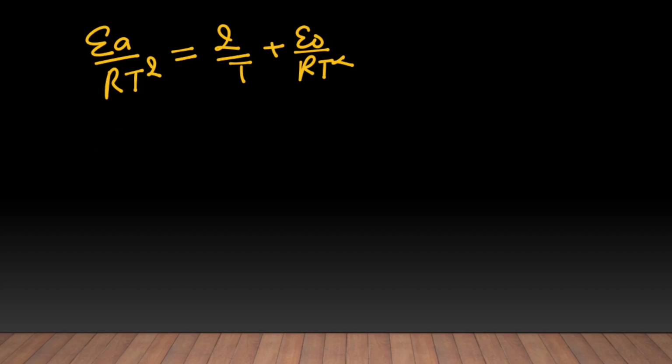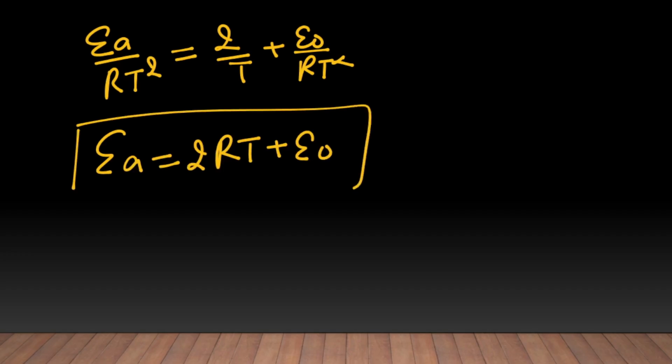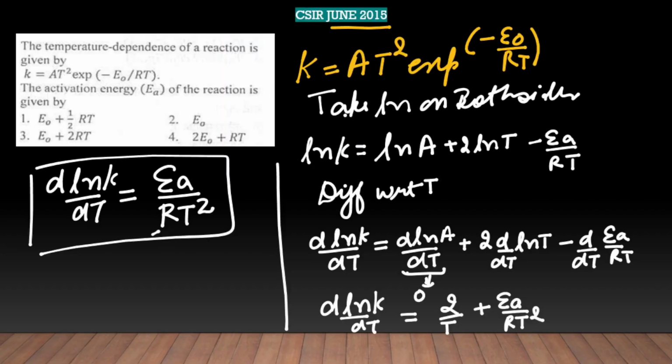So Ea will be equal to 2RT plus E naught. This will be the expression for the activation energy. So this is the complete derivation. The answer is E naught plus 2RT. Option third will be the correct one.